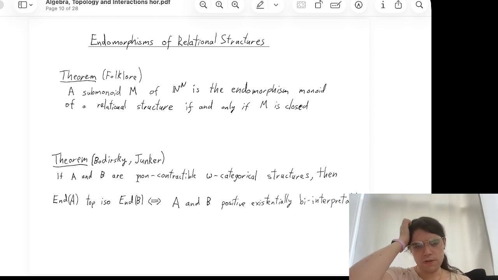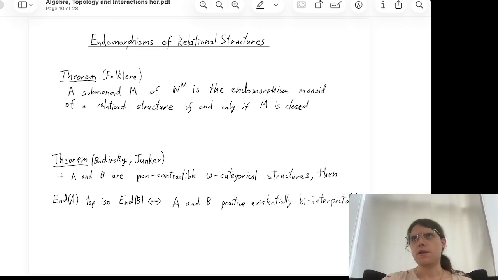I think the paper contains statements of the form that you can't deduce contractibility using the topological isomorphism type of the endomorphism monoid.